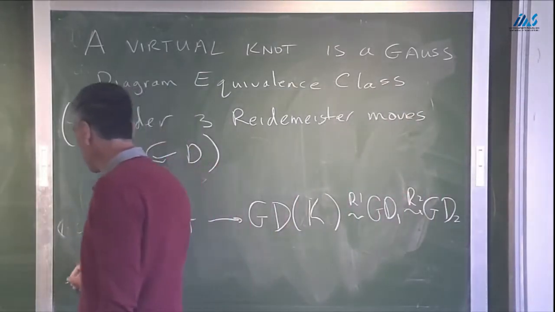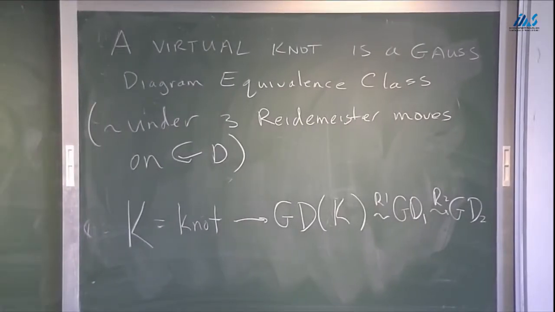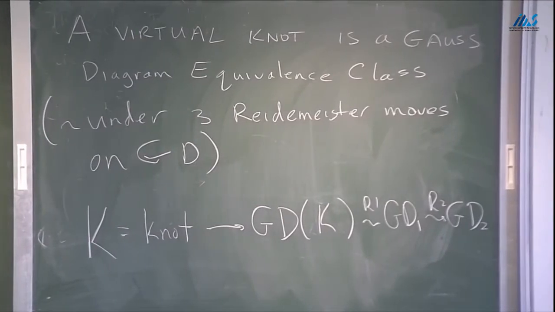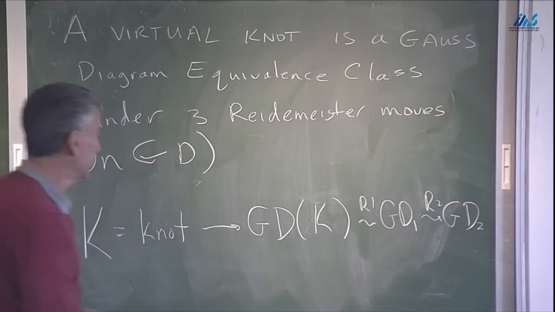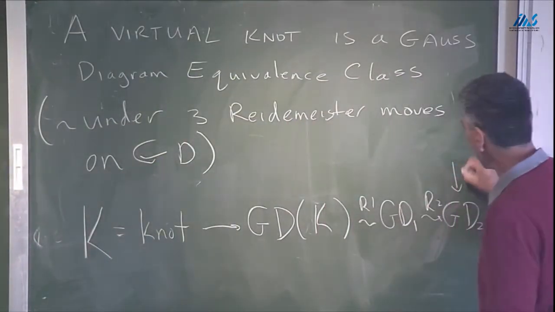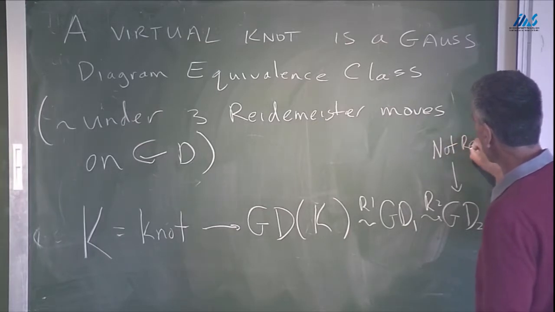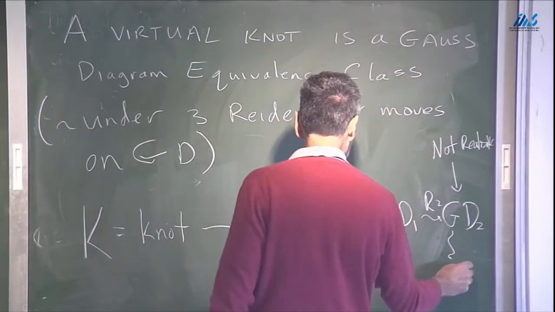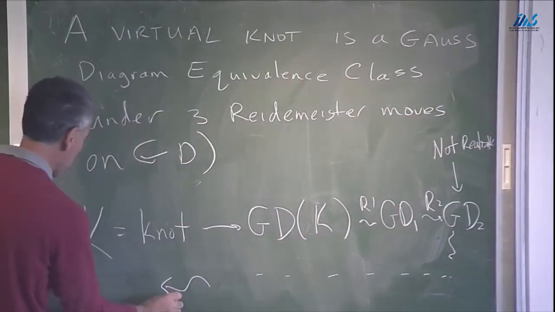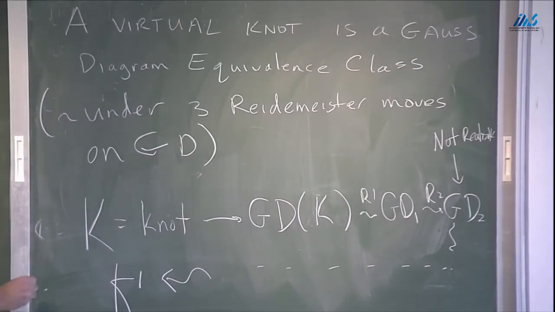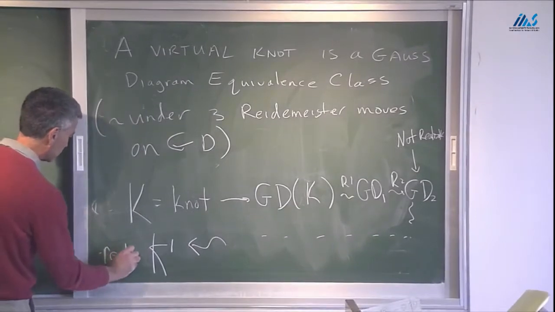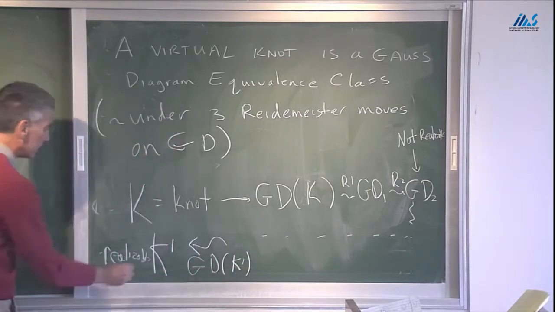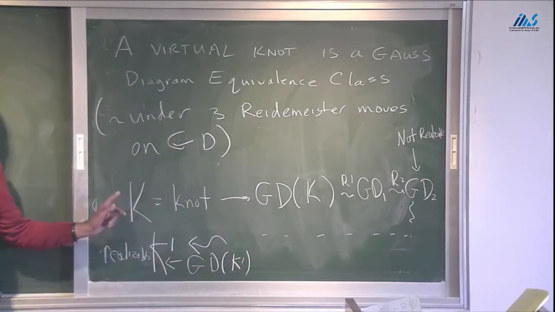But the theorem that was proved by Gusarov, Polyak, and Viro is that if you keep going, so this one may be not realizable, but if you keep going and eventually get some knot which is realizable, so you wind up with a Gauss diagram of something that is realizable, then these two knots are the same.